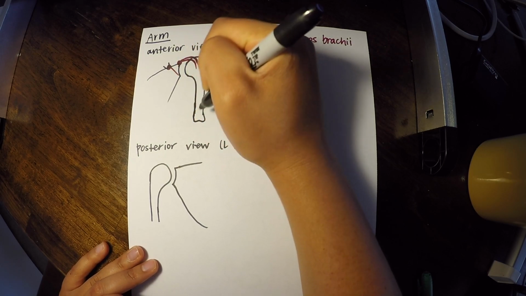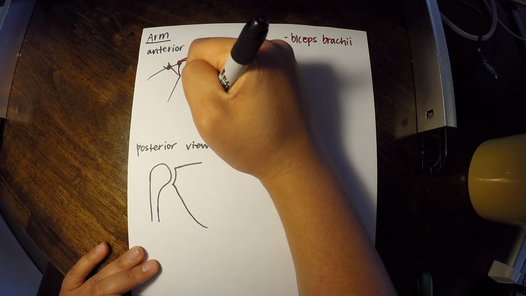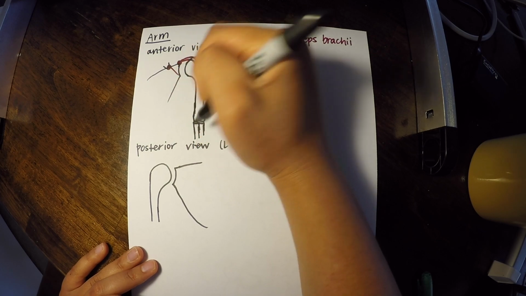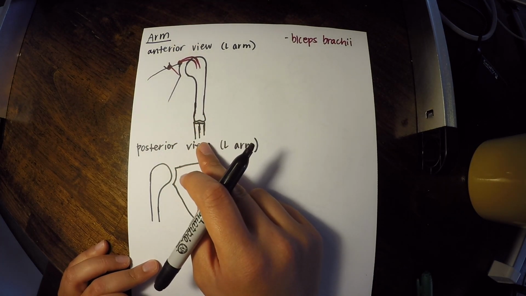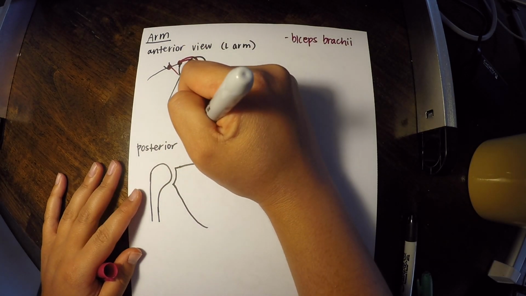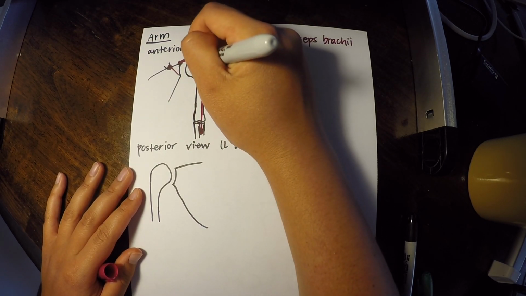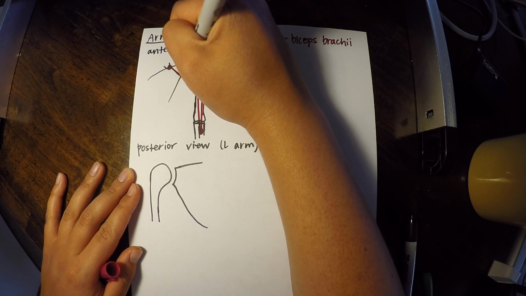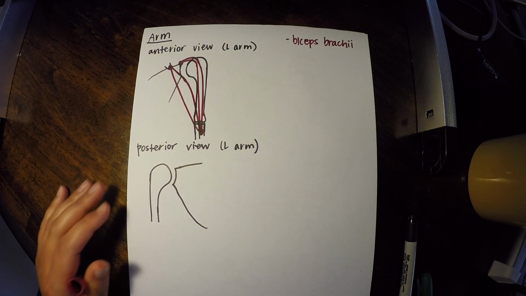So I just want to end the humerus there, and this isn't drawn very precisely, so ignore how that's drawn a little bit haphazardly, but they're both going to attach onto the radial tuberosity. So this head is going to come down here, and then this head is going to come and attach there. Okay, so that's our biceps brachii.